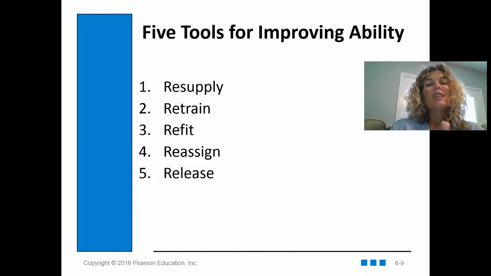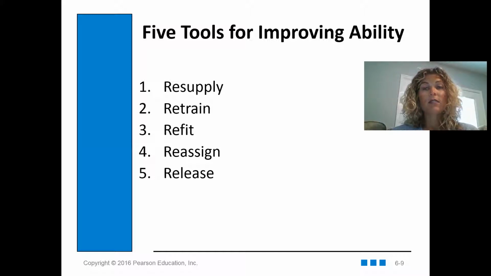The idea is that I'm going to take away whatever they're struggling with, let them focus in on the things that they excel at, and then maybe slowly reintroduce those things back into the job. So long term, the goal would be to get that person to be able to fully do all those things as originally planned.